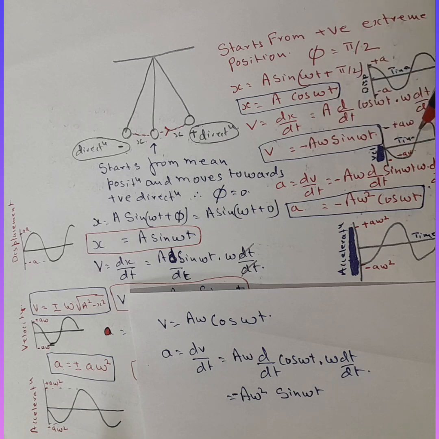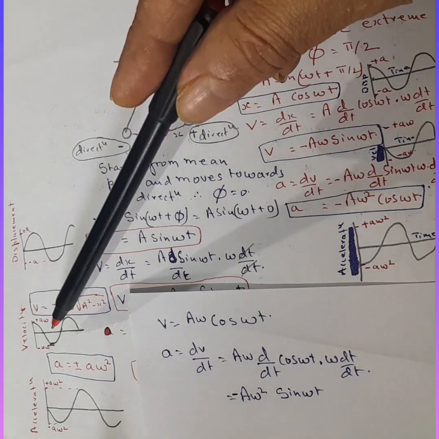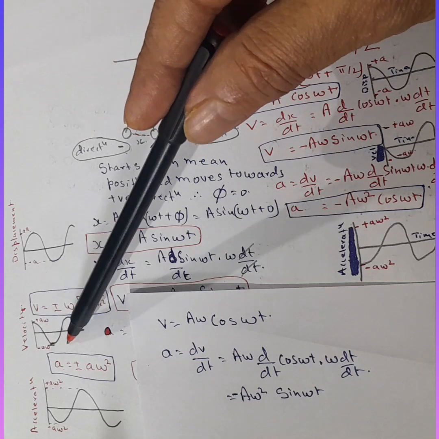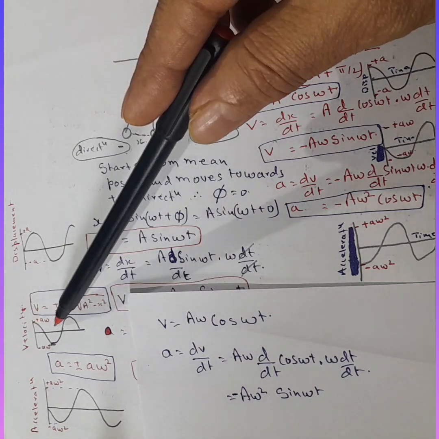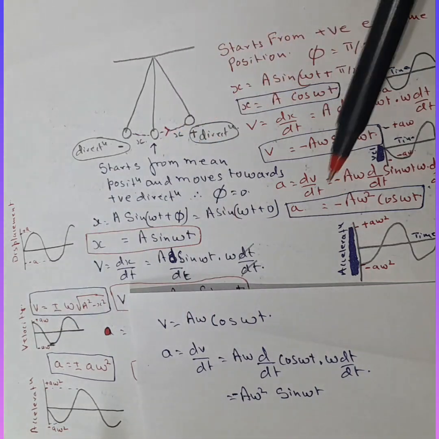See, check out over here, it is a negative sine curve, right? And I forgot to mention, this y-axis is for displacement, here the y-axis is for velocity, and here the y-axis is for acceleration, and this is for time. So in case of velocity, what we find is it is again a sine curve but negative, whereas here what we find for velocity is a cos curve, a positive cos curve. Fine. So that's again the difference.